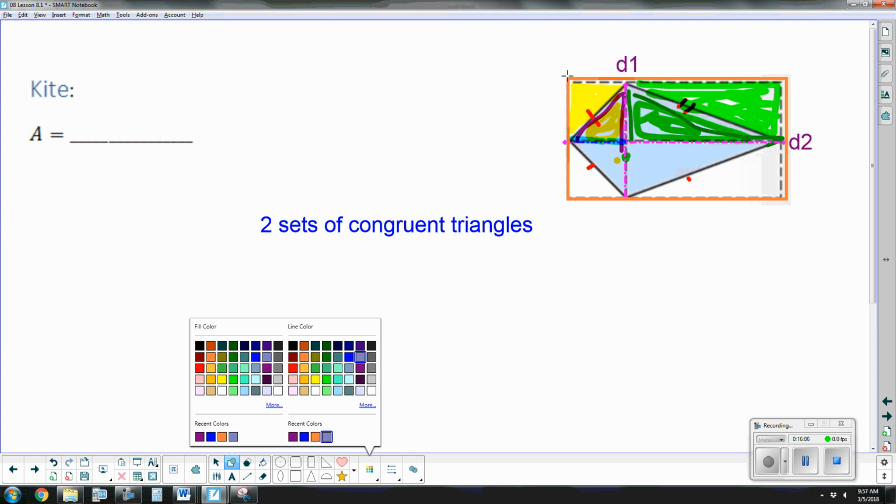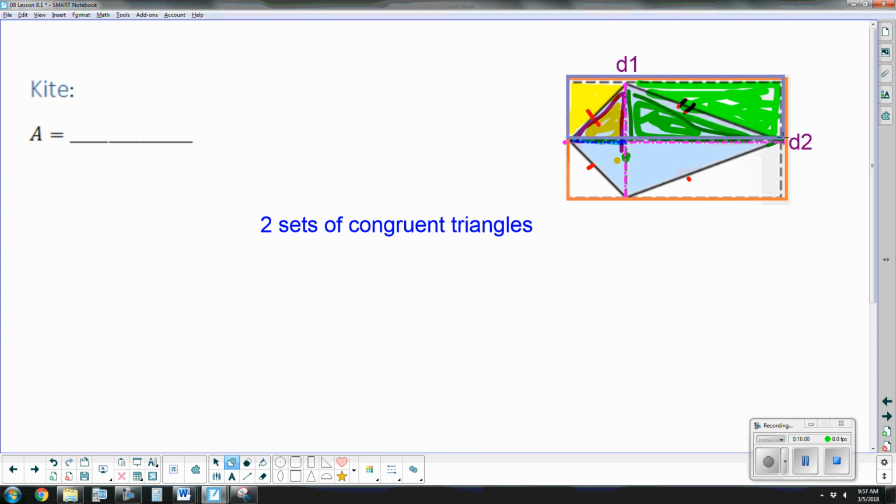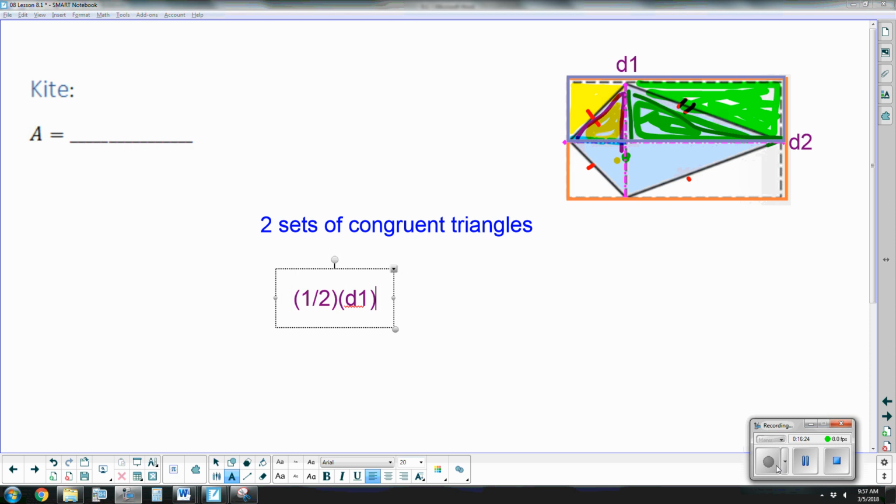So we're only looking from here to here. And we know that since the second diagonal bisects the first diagonal, this is exactly half of the first diagonal. So half of that first diagonal times our second diagonal is the area of our kite.